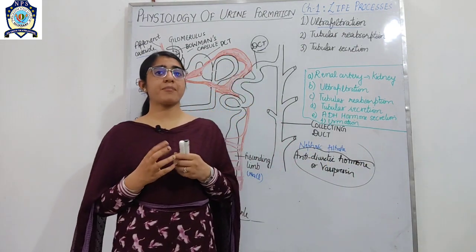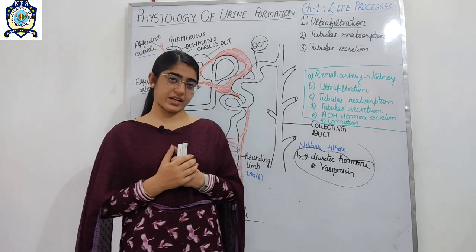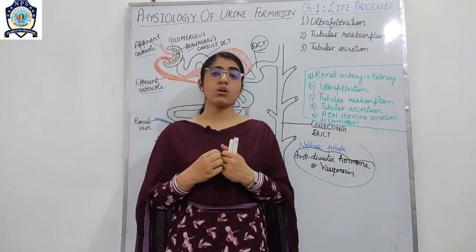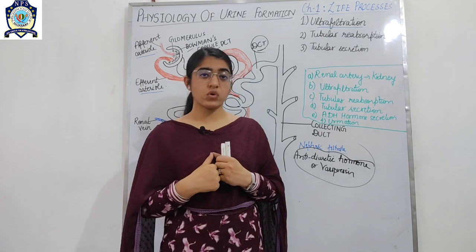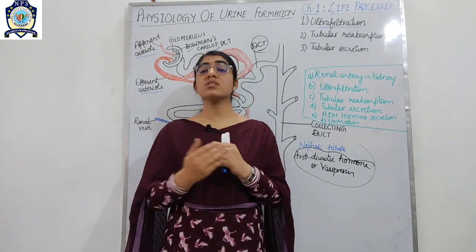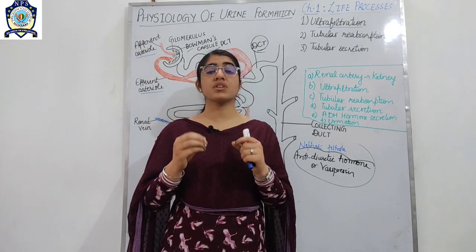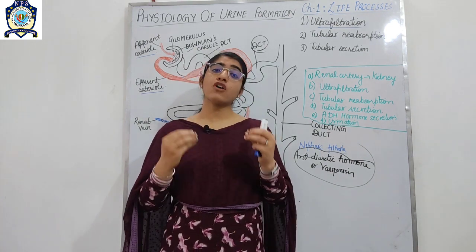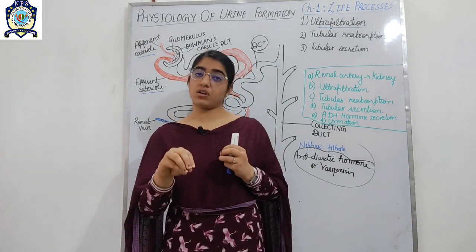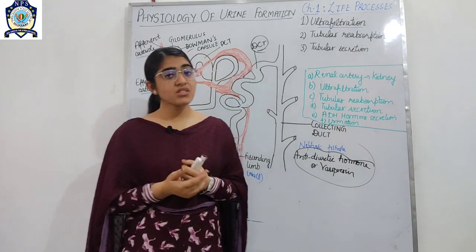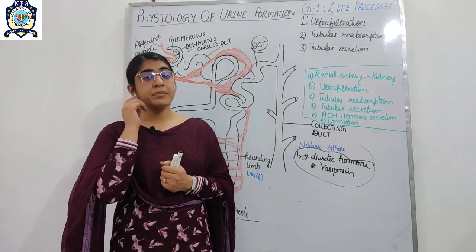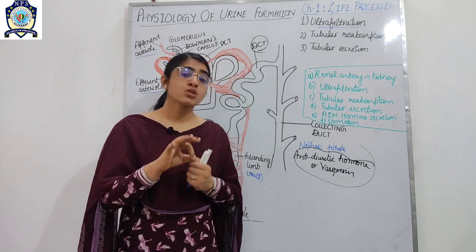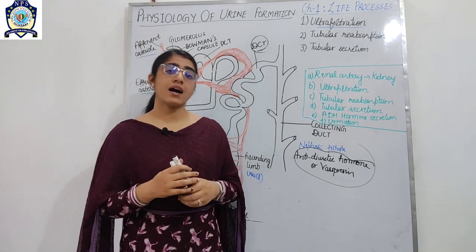Students, our kidney is flexible in its working. So in summer days, what happens? In summer we drink excess of water, and also excess of water is lost in the form of perspiration, and the urine formed will be hypertonic. While in winter there will be less perspiration, so the urine formed will be hypotonic.